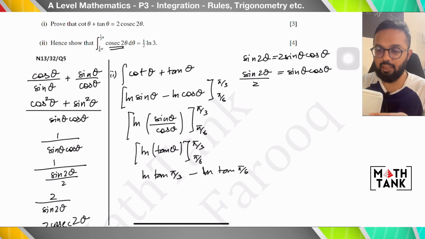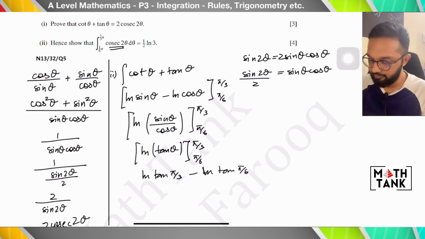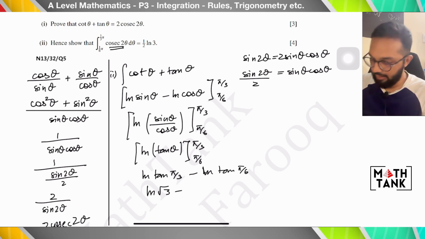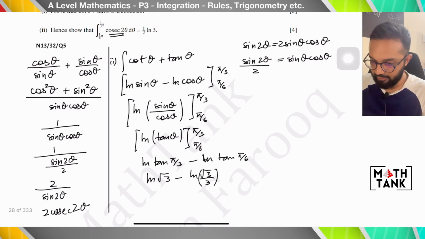Let's see what tan pi over 3 is. So ln root 3 minus ln root 3 over 3. So these again get divided.